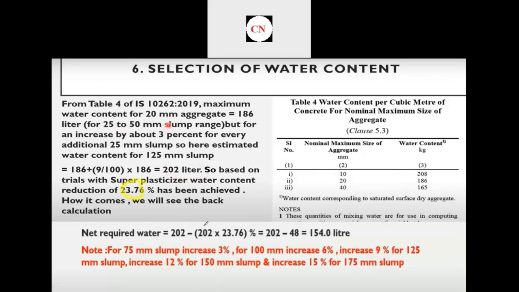So net required water is equal to 202 minus 202 into 23.76%. We get the final figure of 154 liters, which is the net required water. This should be taken now.